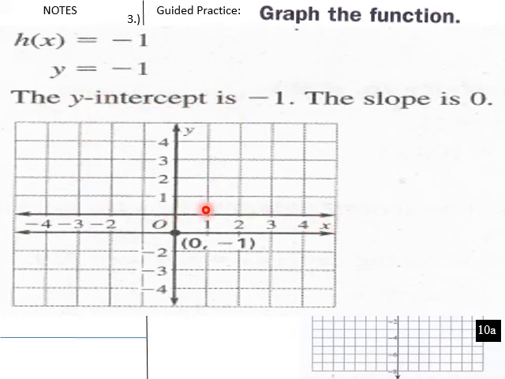The y-intercept is -1, and the slope is 0. We have a flat line, so the slope is 0. When x equals 0, y equals -1, and that will be the line.